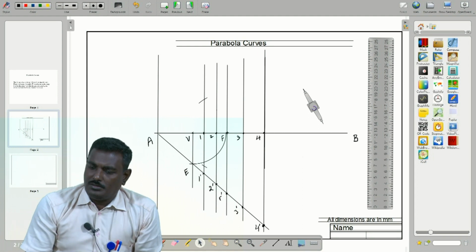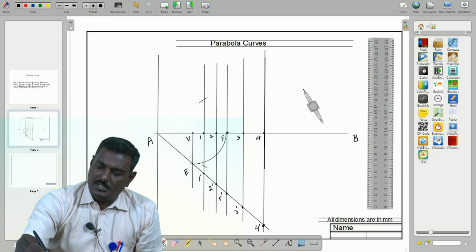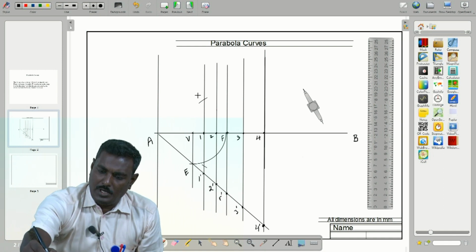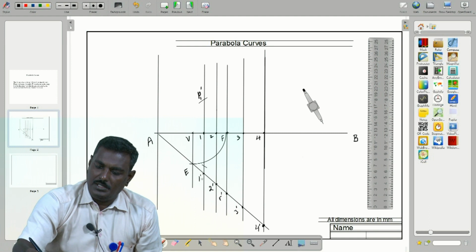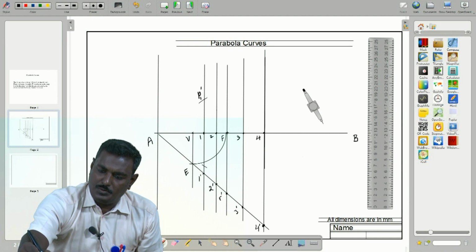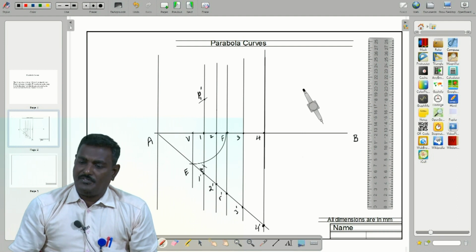Then give the lettering: this is P1 dash, and this point we mark as P1.